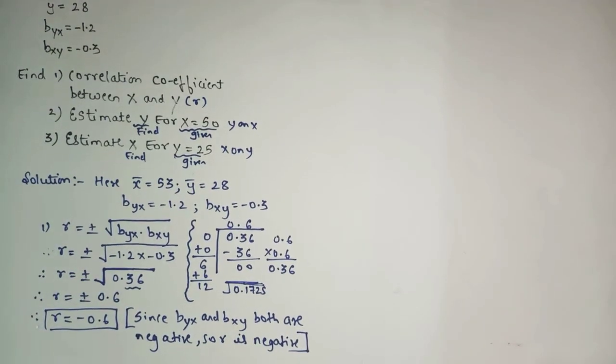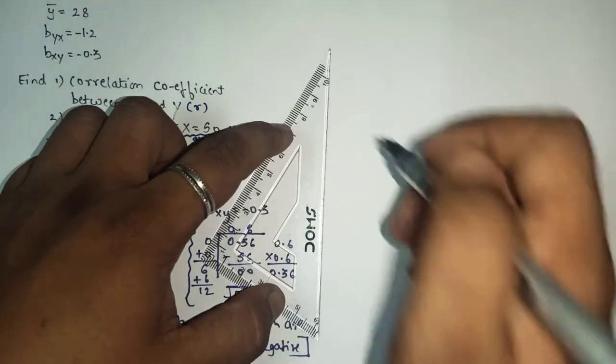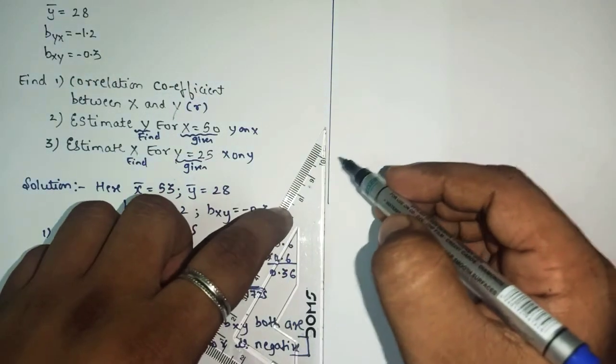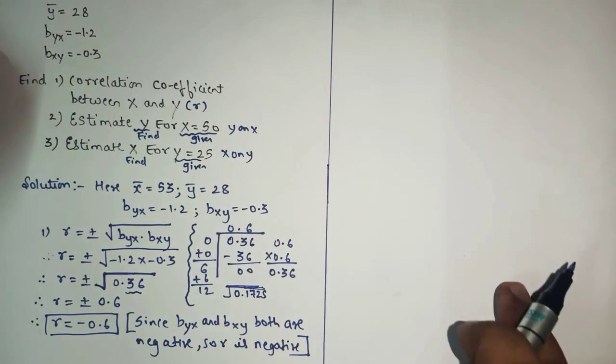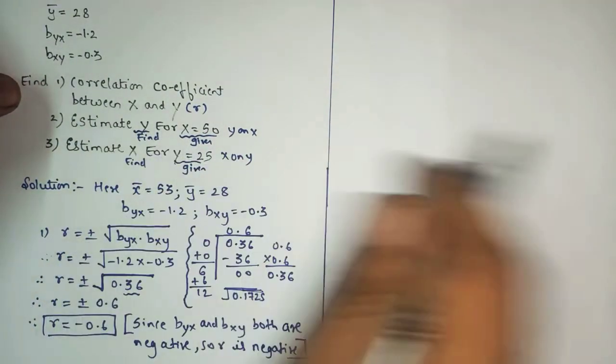Now we'll move on to the next part, that is the second one. So what is the second one? In the second part we have to find the estimate of y for x equals 50.